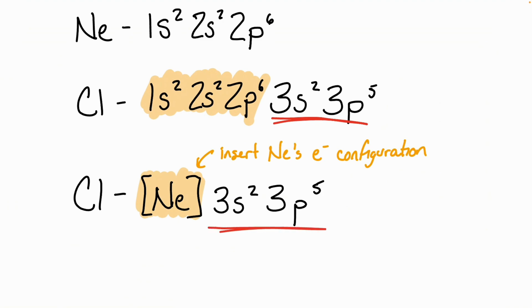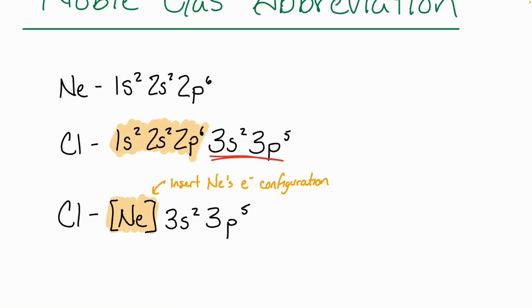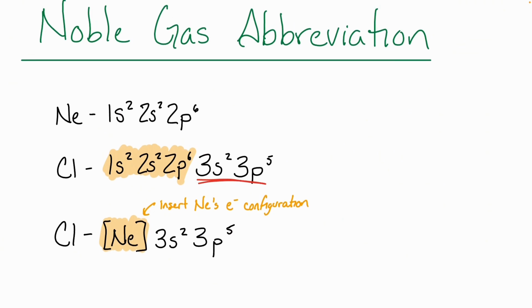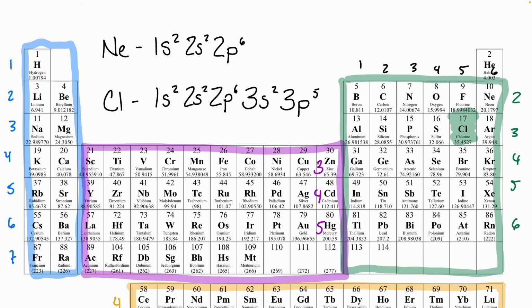All right, so we can summarize the electron configuration of an element by using the closest smaller noble gas. It can't be bigger or it will have more electrons. But we can choose the next smallest noble gas and use that to abbreviate our element's electron configuration. Okay, so let's do an easy one first, and then we'll jump to one of the bigger ones on our periodic table.